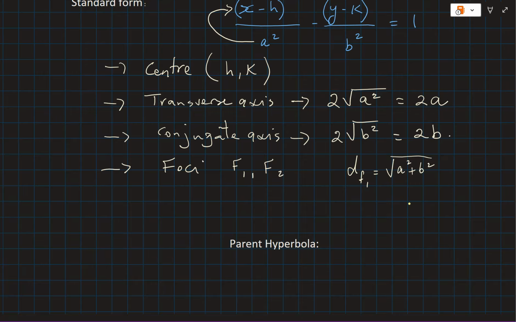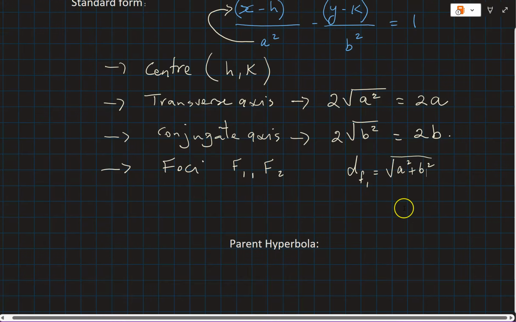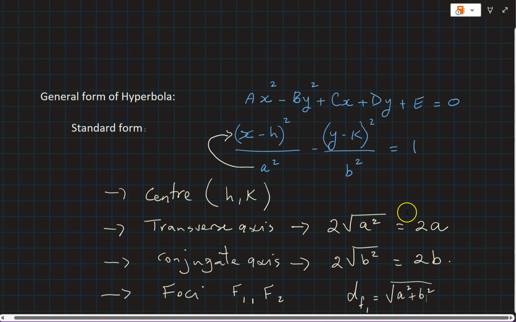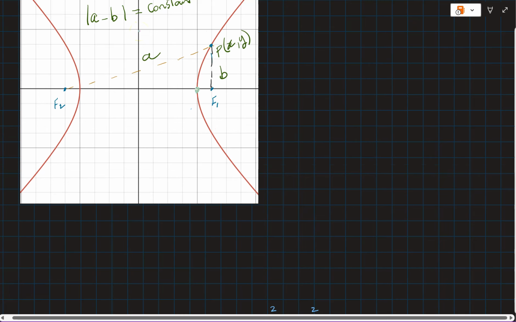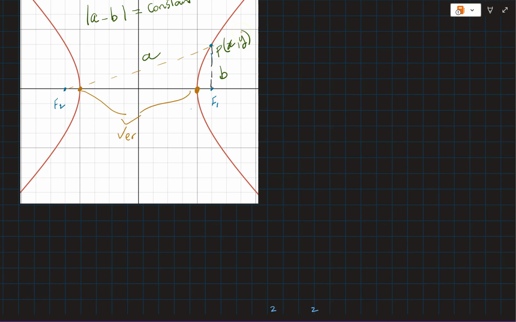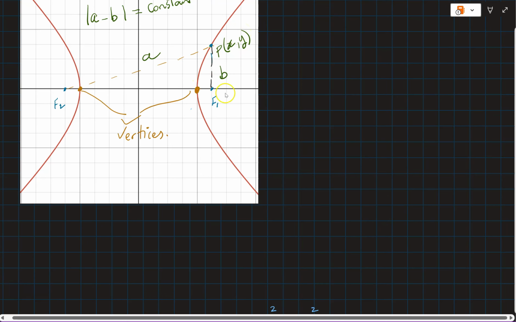That relates the transverse axis and conjugate axis, and that's where you can find the coordinates of the foci on both sides of the graph. And the vertices, this point right here and this point right there, are the vertices of the hyperbola.